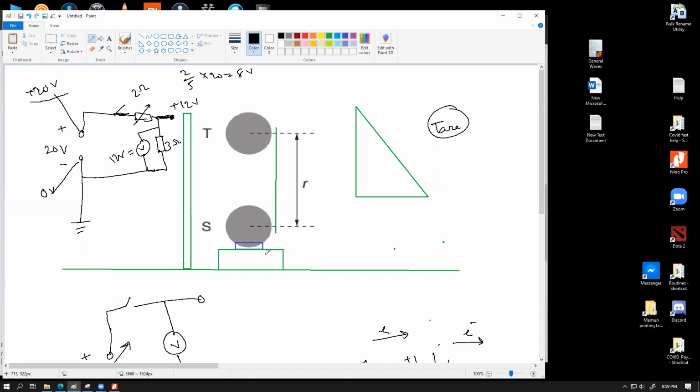So we are going to touch the S sphere with the positive end of the supply, or with that connection point first, and then we're not going to do anything with the S. Then we're going to touch the T sphere with different values of voltages. So how many voltage values should we have from the supply? We can predefine those values.